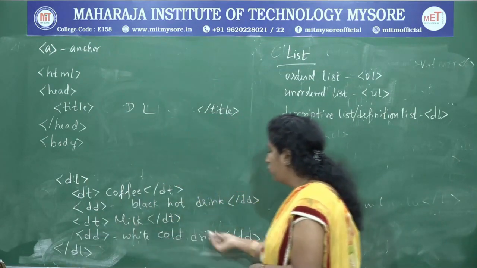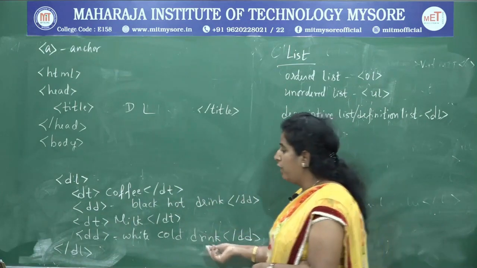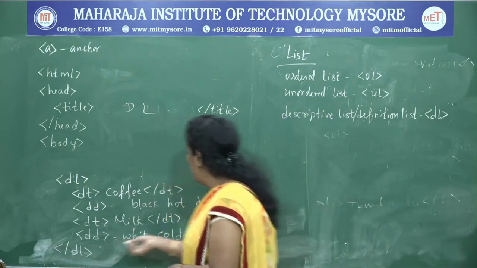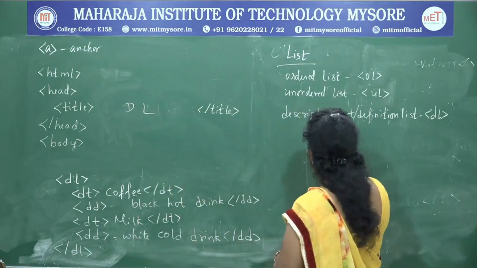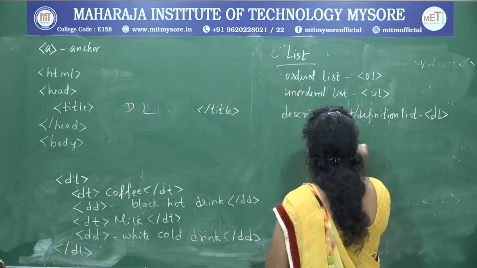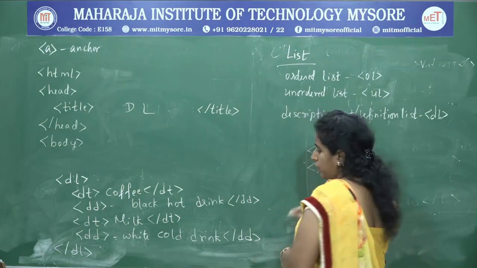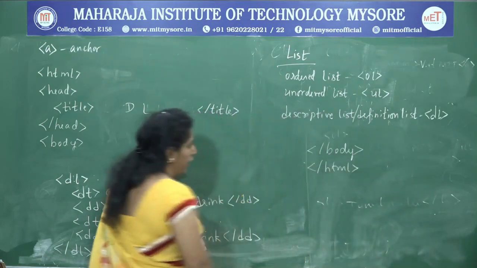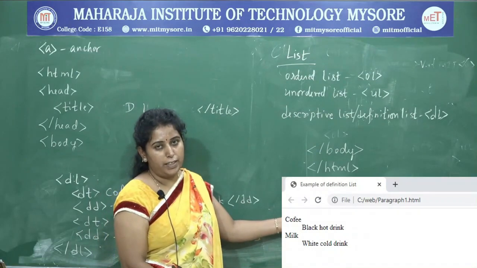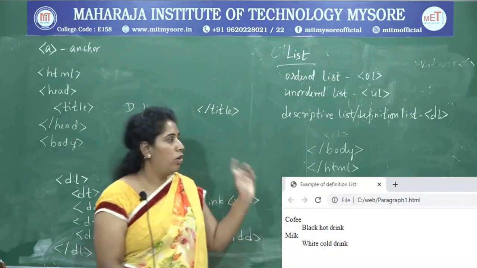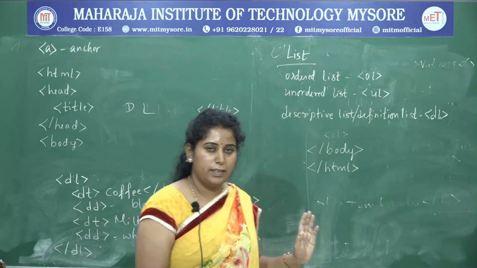It is a white cold drink. Okay, so finally close the definition list, also close the body, also close the HTML. So finally now you run this program, you can look into the output like this. So this is all about list.